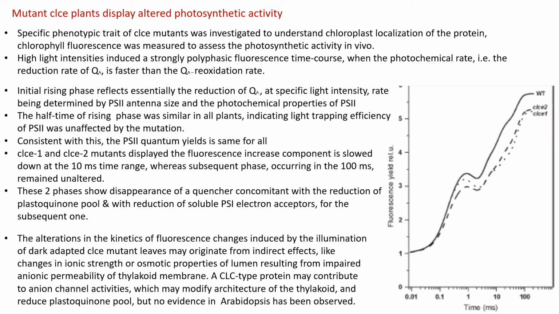There is an initial rising phase, and the half time of this rising phase is similar in all three kinds of samples used, the wild type and the two CLCE mutants.